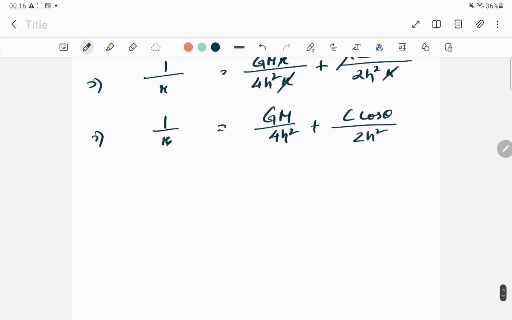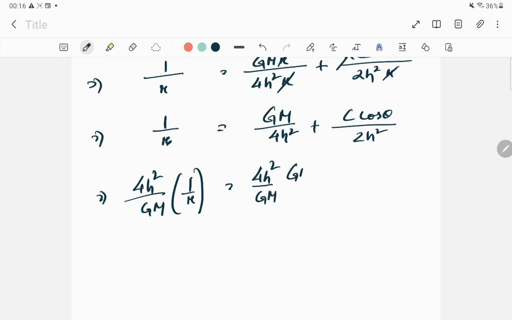And finally, I will multiply both sides by 4h square by GM into r. 4h square by GM, and c cos theta by 2h square. So this and this get cancelled, and this 2 gets cancelled, h square gets cancelled.